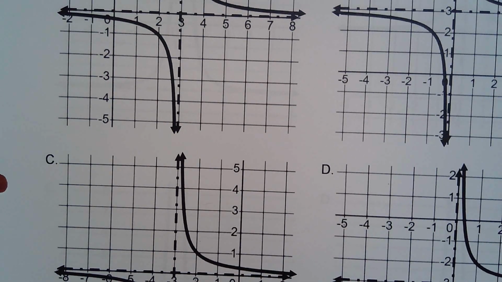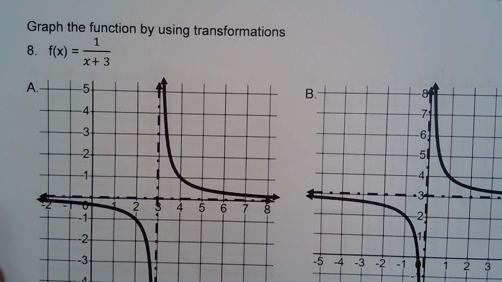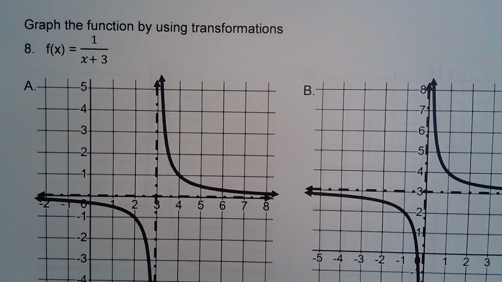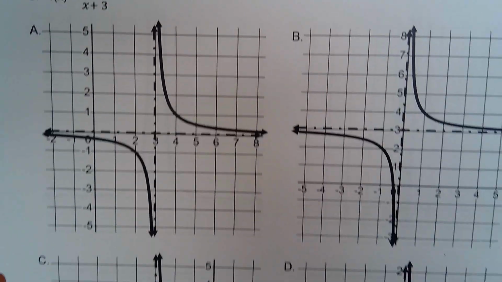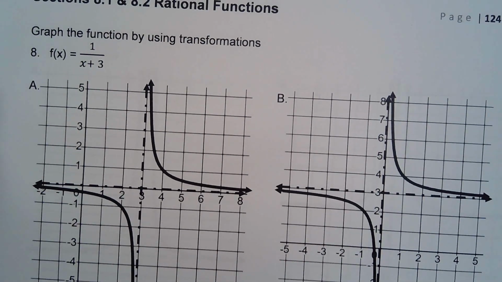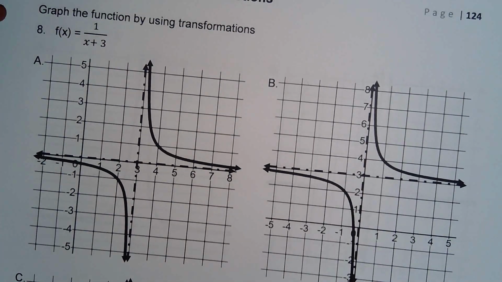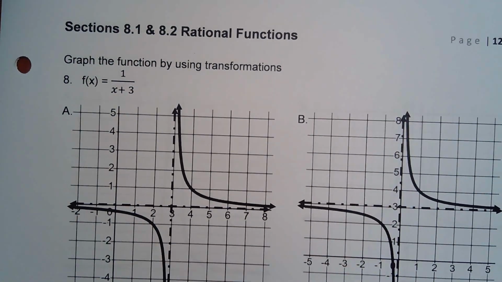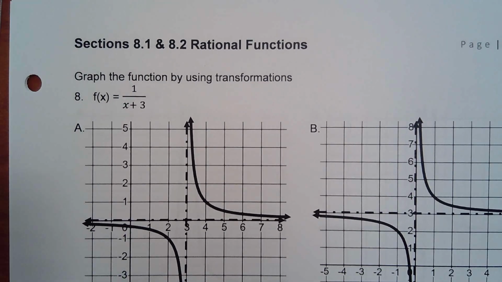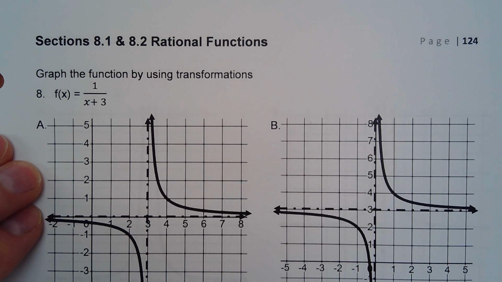Now let's take a look at this next one. And here we're asked to graph the functions using transformations. And I'm going to just zoom out here just a little bit. Maybe a little bit more. So now I'm thinking my 1 over x function, and it's been shifted 3 units to the left.